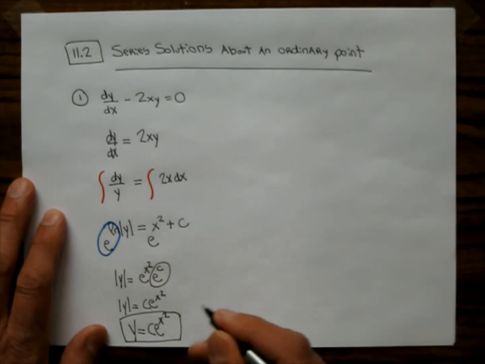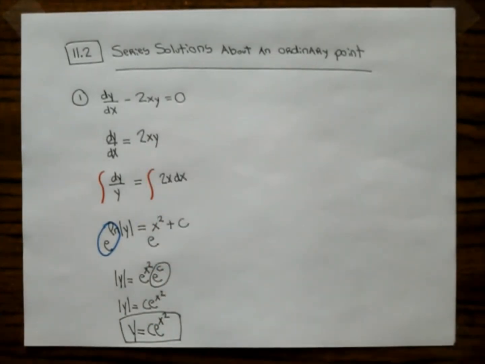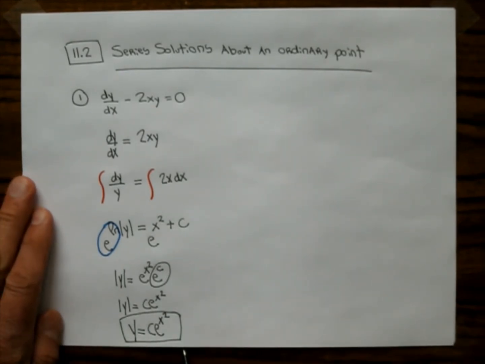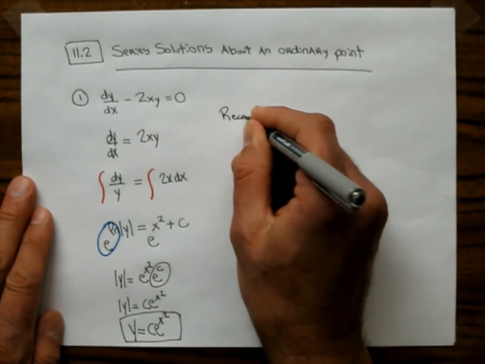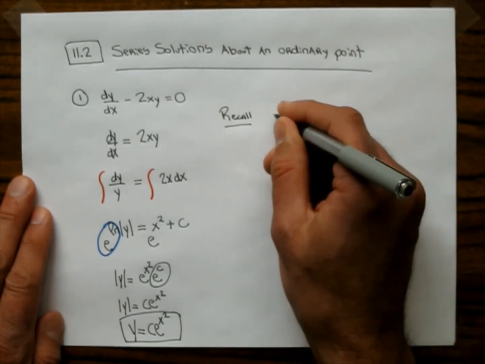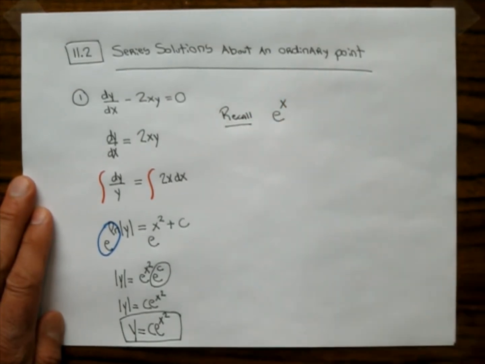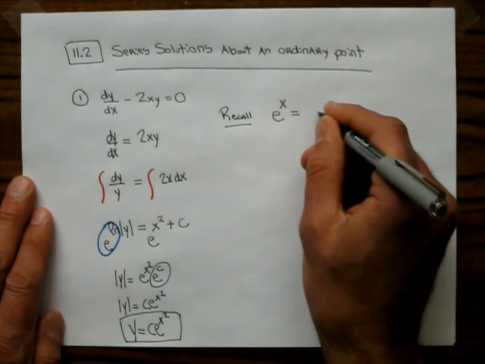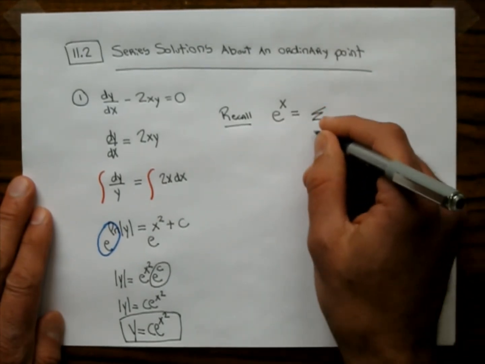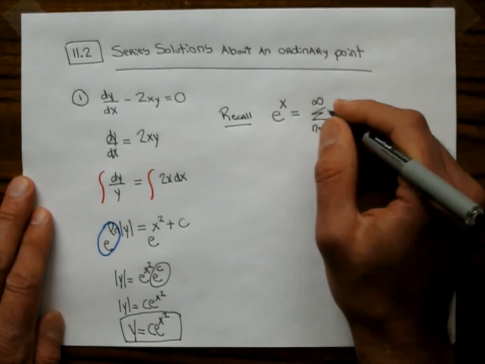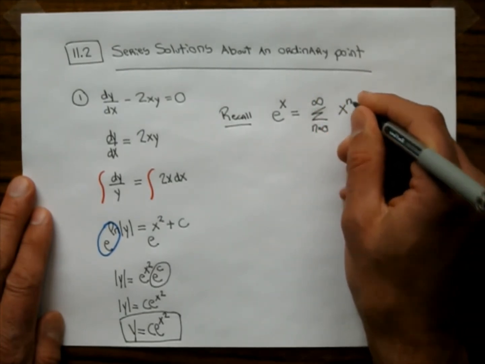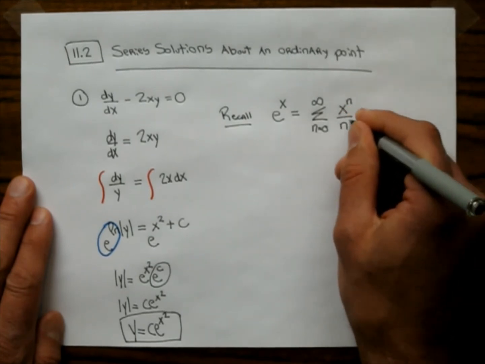So you might be wondering, what does this have to do with series solutions? Maybe it has nothing to do with series solutions. But now I'm going to frighten a lot of you and ask you to recall this fact about e to the x. e to the x can actually be written as an infinite series, the sum from n equals 0 to infinity of x to the n over n factorial.